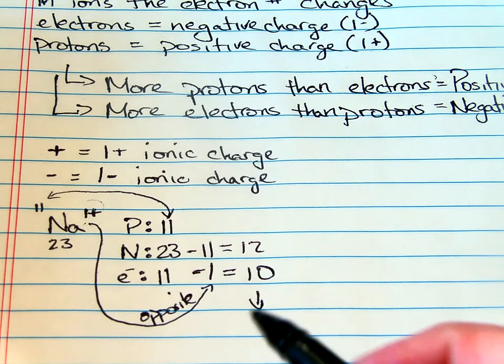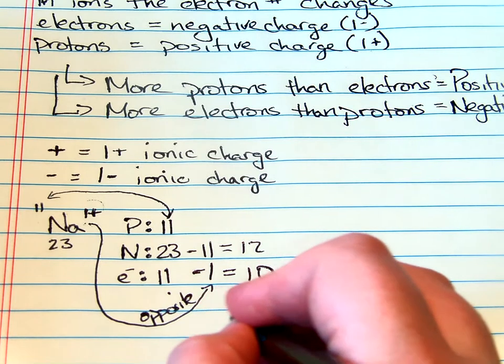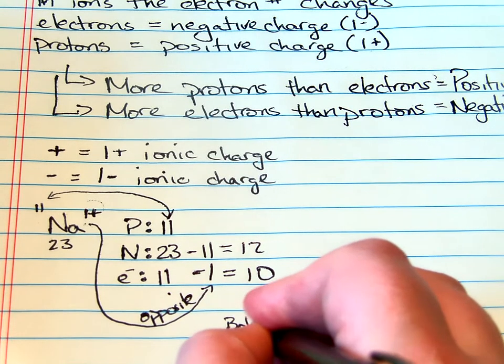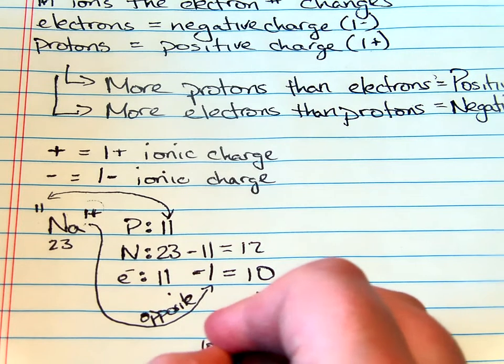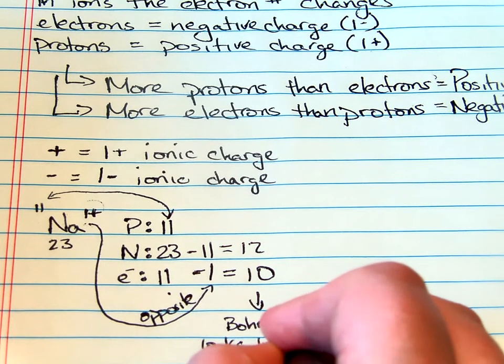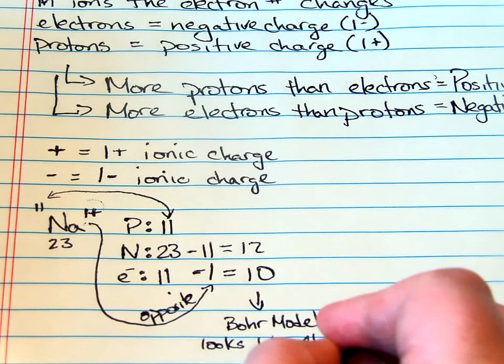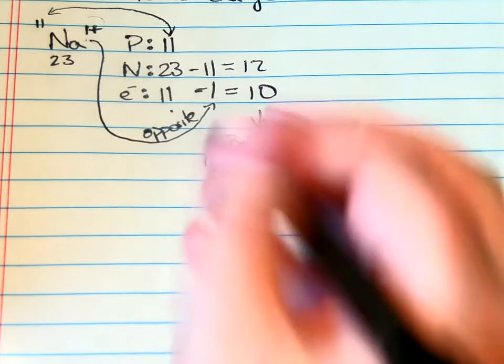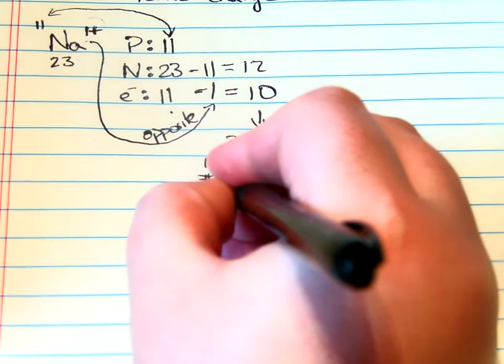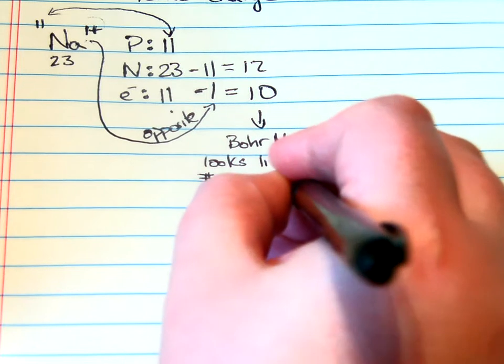So 10 tells us what the Bohr model looks like. Let me move down a bit. Looks like atomic number 10 or neon.